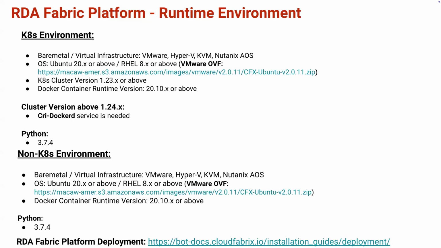So in case of K8s, especially when you're running the later versions of Kubernetes, from 1.24.x, the Kubernetes community has deprecated support for Docker runtime. The reason is the Kubernetes community needs only the container runtime environment, and doesn't need any API service which Docker typically provides.